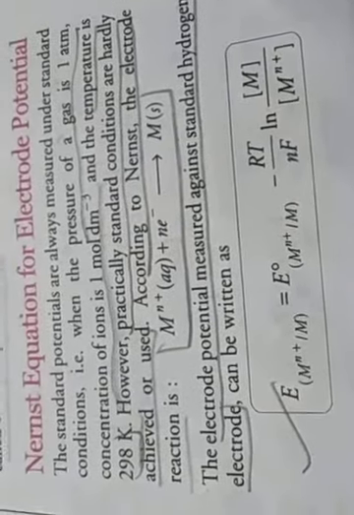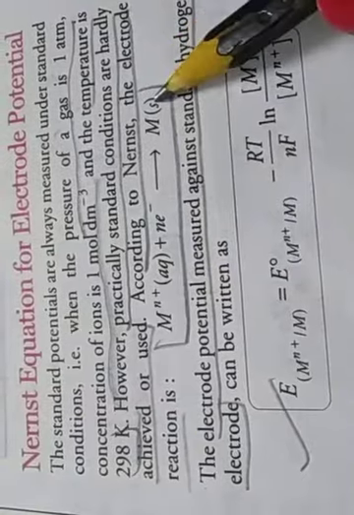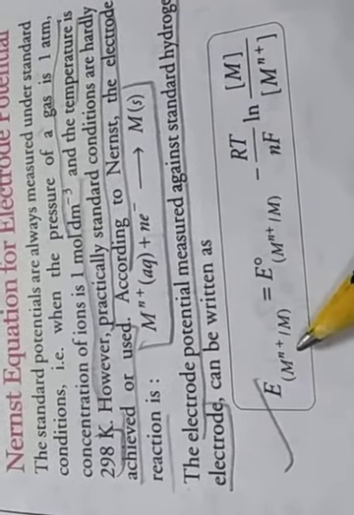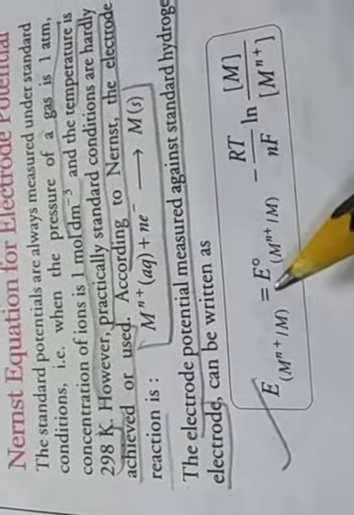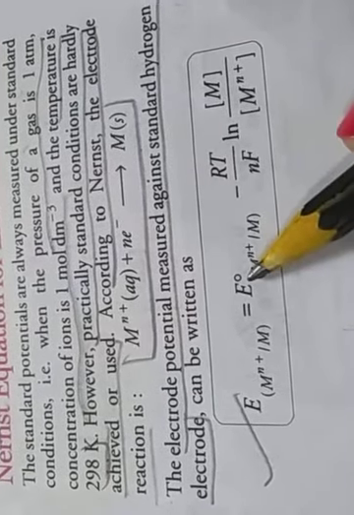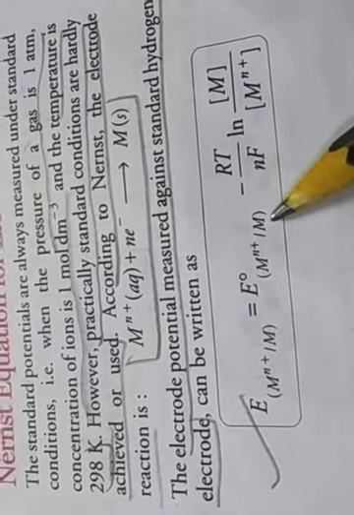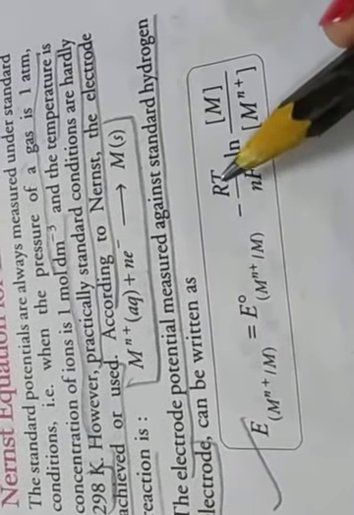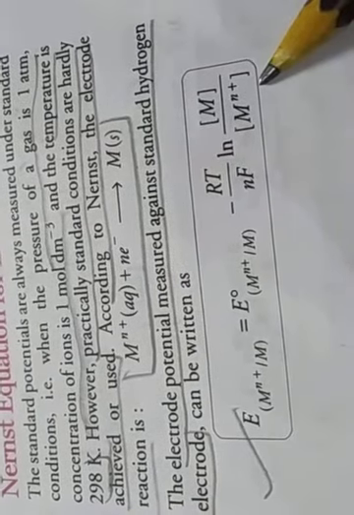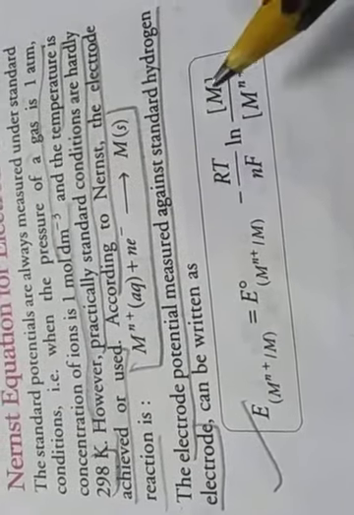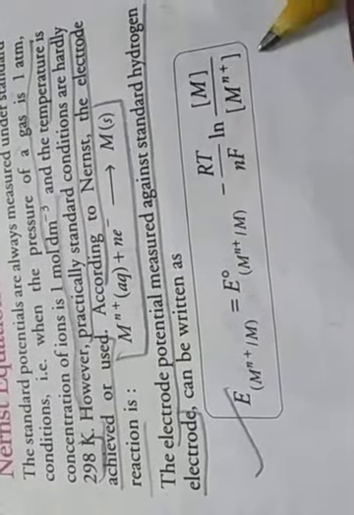For the electrode potential, M^n+ converts into M. So E of M^n+/M, the electrode potential, is equal to the standard electrode potential E naught of M^n+/M minus RT upon nF ln [M] upon [M^n+]. Okay, so the product is M, and the reactant is M^n+.